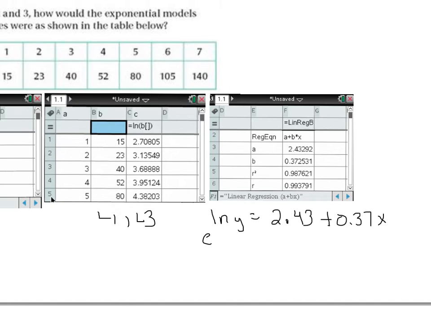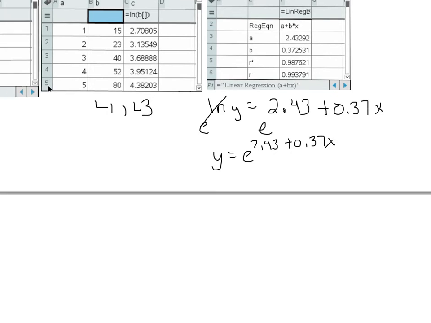So you got to go e to this power on both sides. So you get y equals, because those are inverses, e to the 2.43 plus 0.37x. But remember, why did we add the exponents? Because they have the same base.